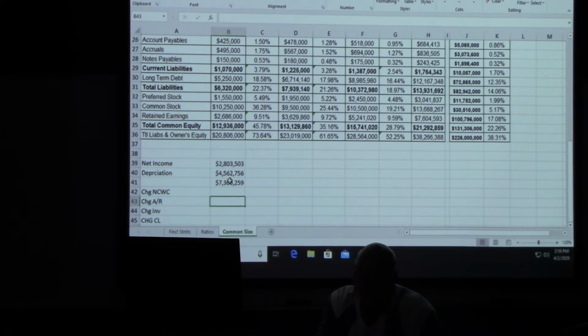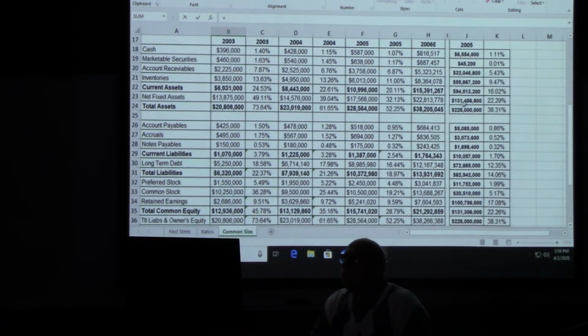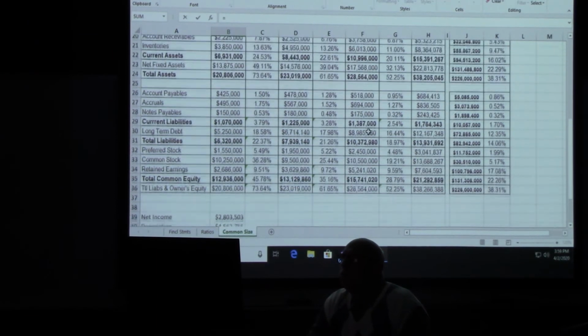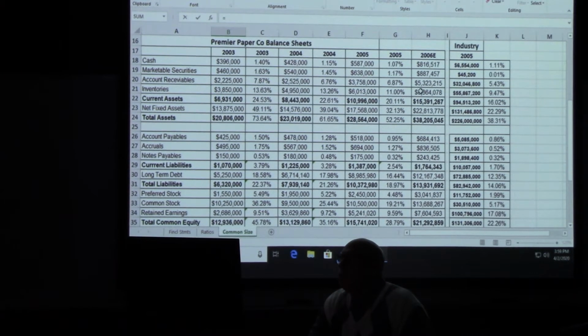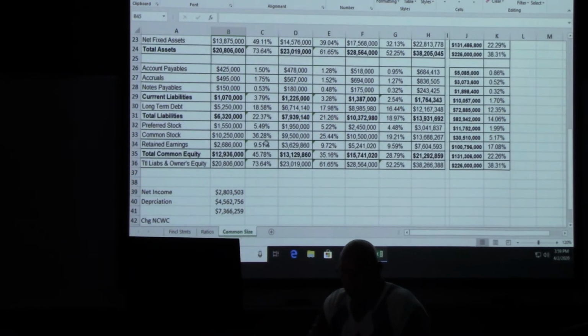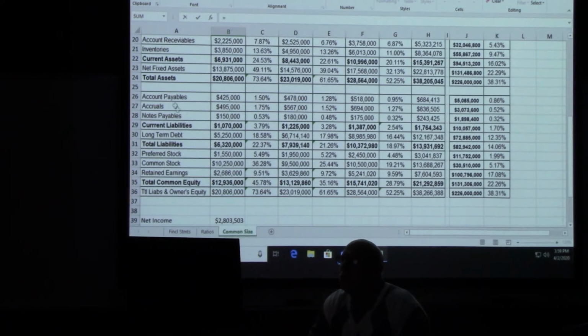And so this is equal to that minus this. And this is equal to that minus that. This is equal to that minus that.